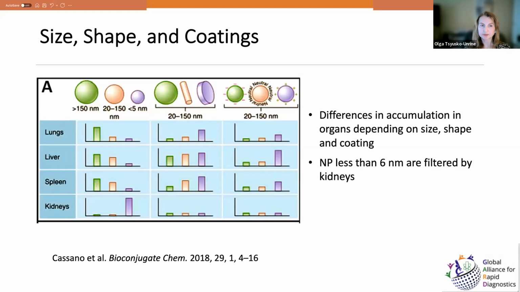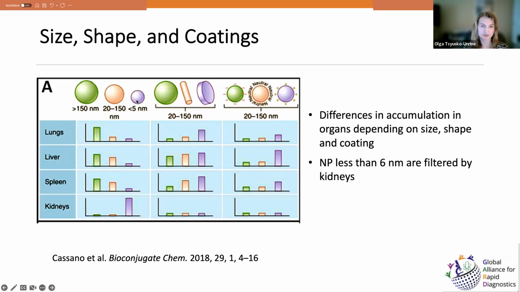So as I mentioned, the other properties are also important: size, shape, and coating, especially for the particles that are stable, such as gold or silver. And this is an example of a study done with gold nanoparticles in mice. They looked at different sizes, different shapes, and different coatings and their bioaccumulation in different organs.